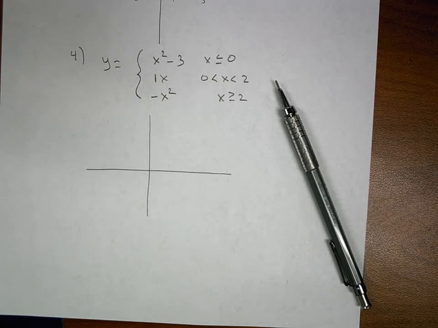Plug in 0. We can all plug in and get points. And I know we can all plot. So we plot. Just determine whether it's an open circle or closed.